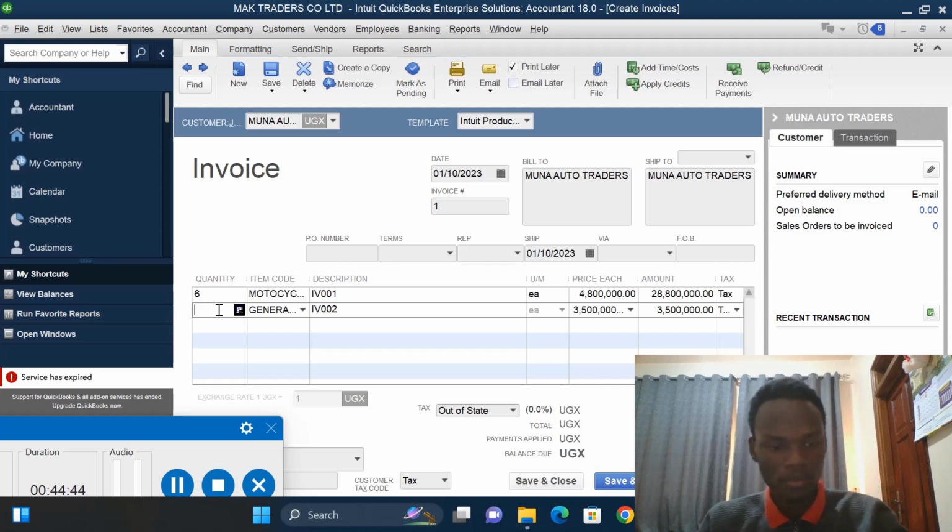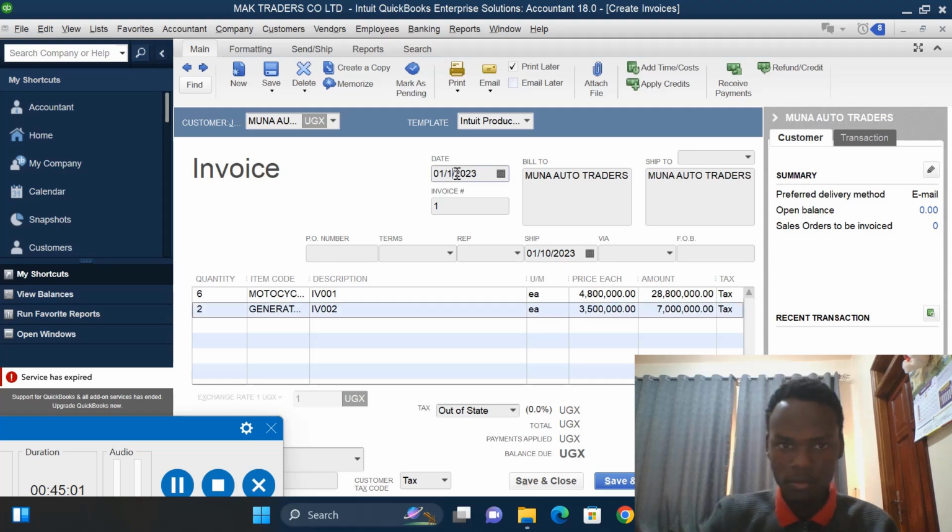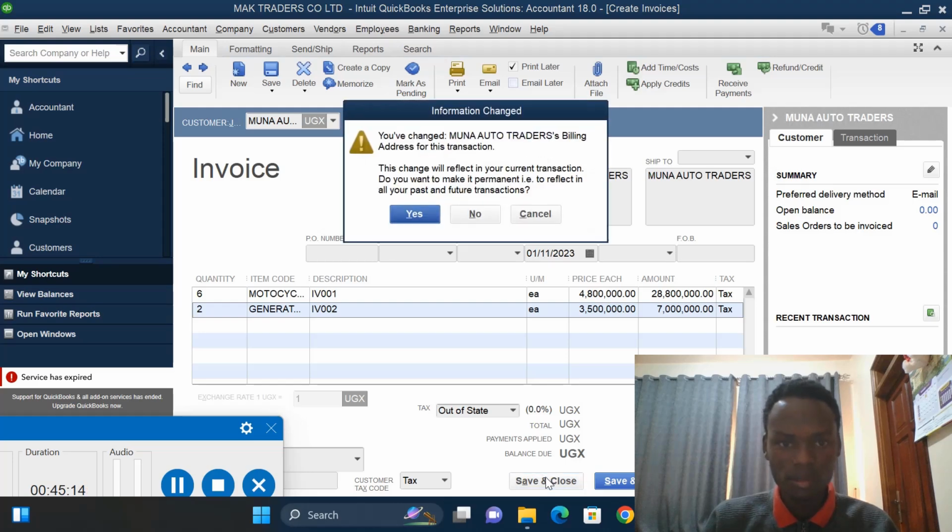So there are 2. So on 11th, save and close.